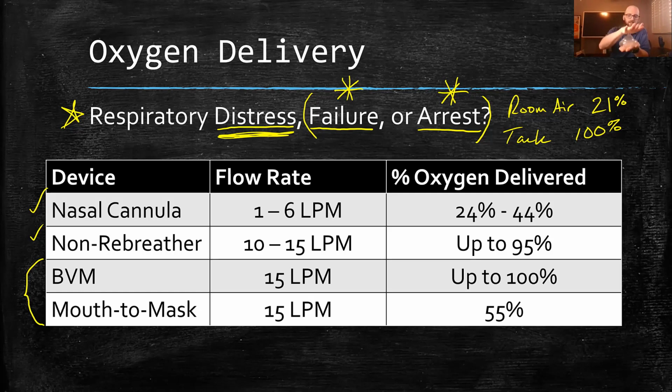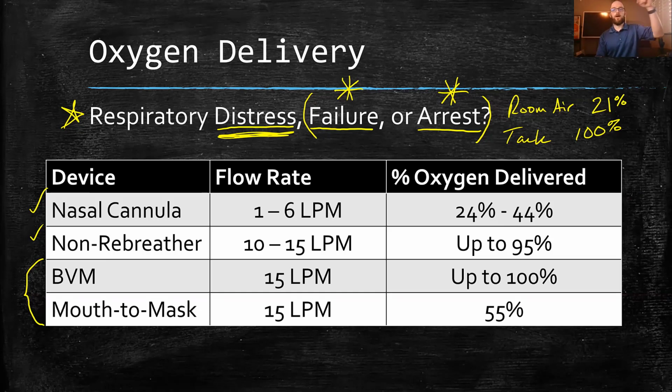So if we just had that face to mask seal and the 100% oxygen, 100% oxygen would be the only thing going to that patient. But in mouth to mask, we have to breathe into it to actually deliver that oxygen and that air with enough force to get down into the lungs. So we have to breathe in, which means we're breathing out our exhaled air with the oxygen coming from the oxygen tank. And so when we mix our exhaled air with the oxygen tank 100%, it's going to come out to about 55%.